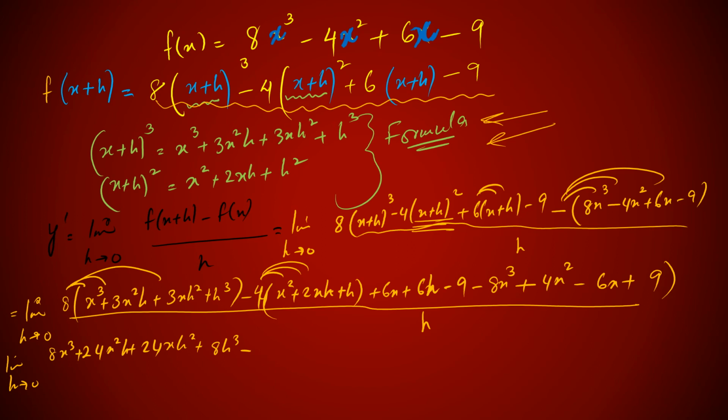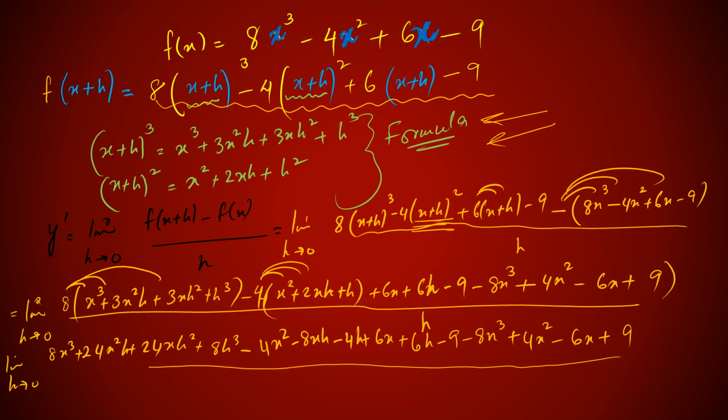So negative 4x square, negative 8xh, negative 4h, and then rewrite all the terms later. I would suggest that you do not cancel the terms in the very beginning step. Better, when you open all the brackets, then start cancelling out the like terms with different signs.